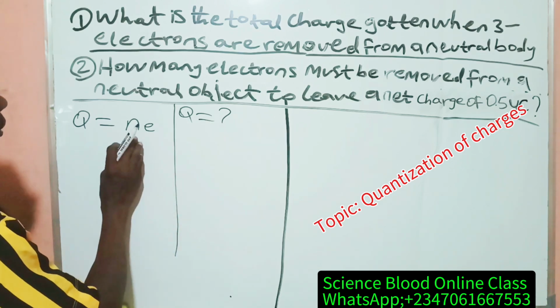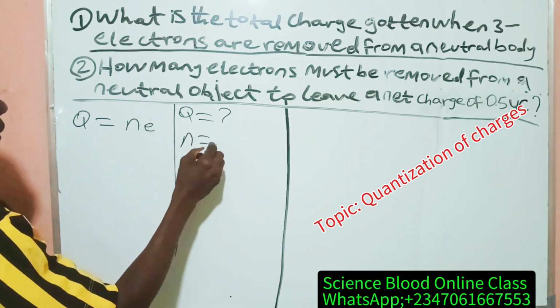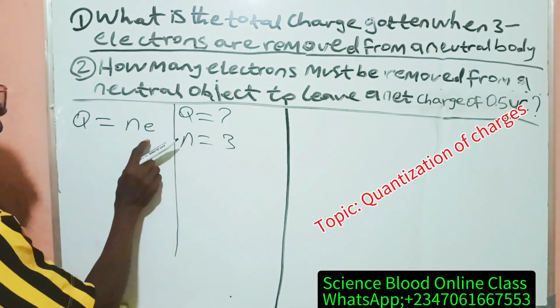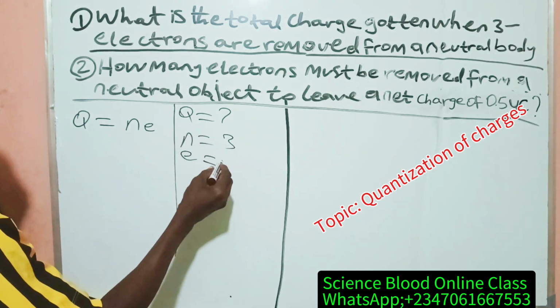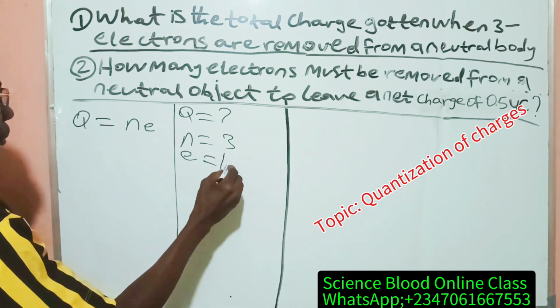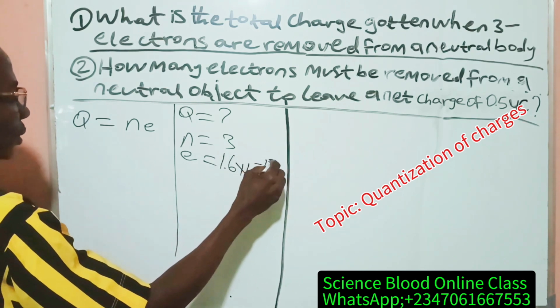Then the number of electrons, which is N, is 3 according to the question. Then this E you are seeing here is a constant, please take note. It is denoted as 1.6 times 10 raised to the power minus 19.